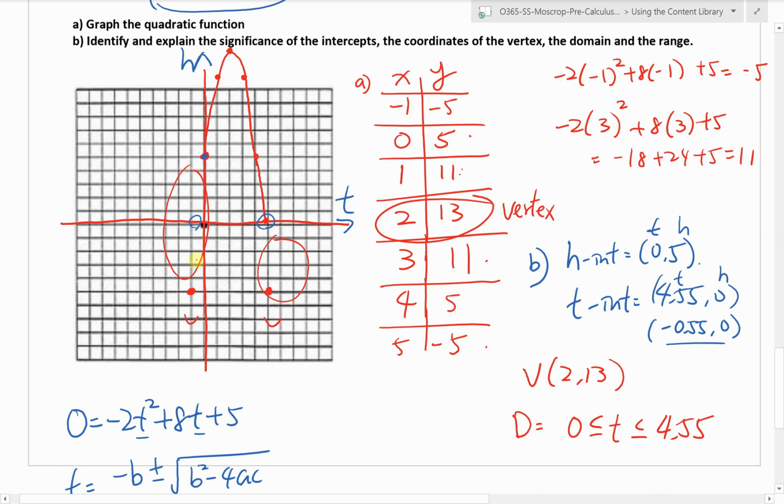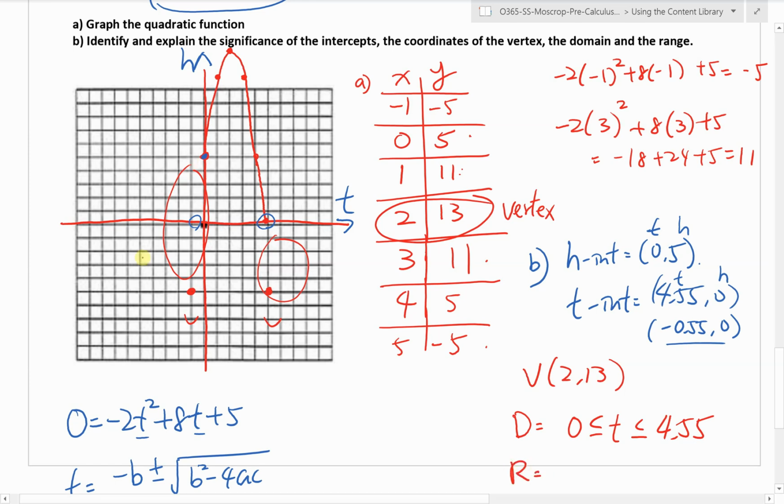Okay, we don't care about when time is negative because that makes no sense. This portion doesn't make sense because we're assuming the projectile is not super heavy, so it doesn't crack the ground or the cement, whatever, right? So it just lands on the ground. So that's the time from 0 to 4.55 seconds. That's the entire path, right? That's the entire duration of this projectile. So that's the domain.